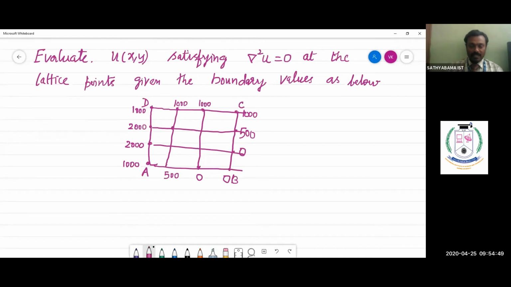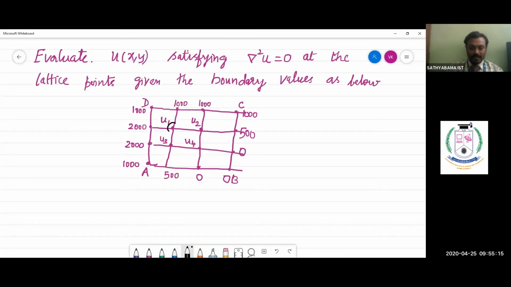That is, we have to find the values at these mesh points U1, U2, U3 and U4. The first thing we shall see is whether we can apply the standard 5-point formula or diagonal 5-point formula.